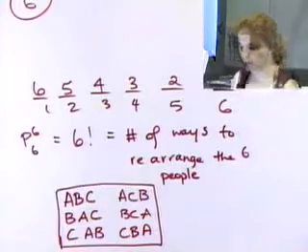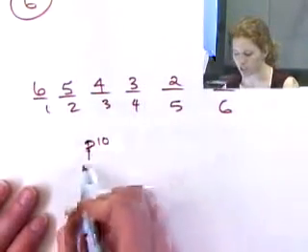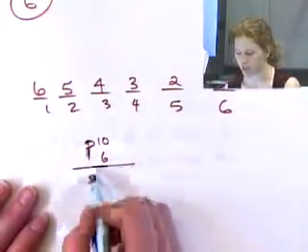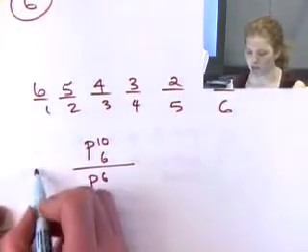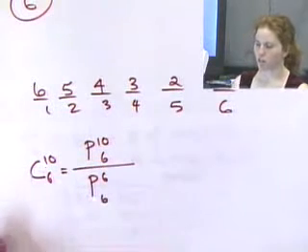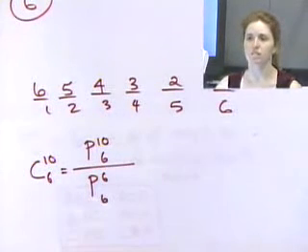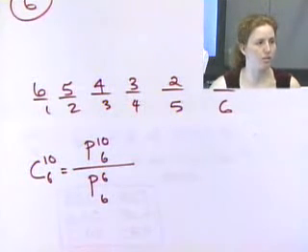Right? So now if we go back, what we did first is we did the permutations of 10 things taken 6 at a time. Then we divide by the permutations of 6 things taken 6 at a time. So the combinations of 10 things taken 6 at a time is a sequence of things. First you do it in order, and then you divide out the arrangements.